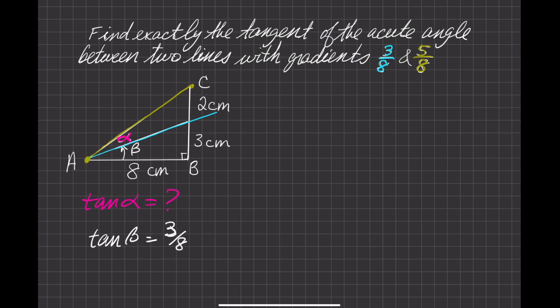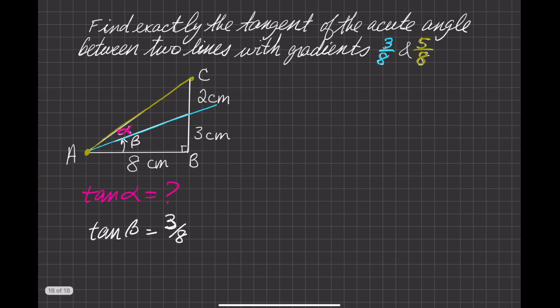And while we don't have a right triangle that is describing some kind of ratio in the diagram for alpha, we do have a right triangle for the combination, the sum of alpha plus beta. See, if you go that entire angle of alpha plus beta, we have a rise of 5 and a run of 8.